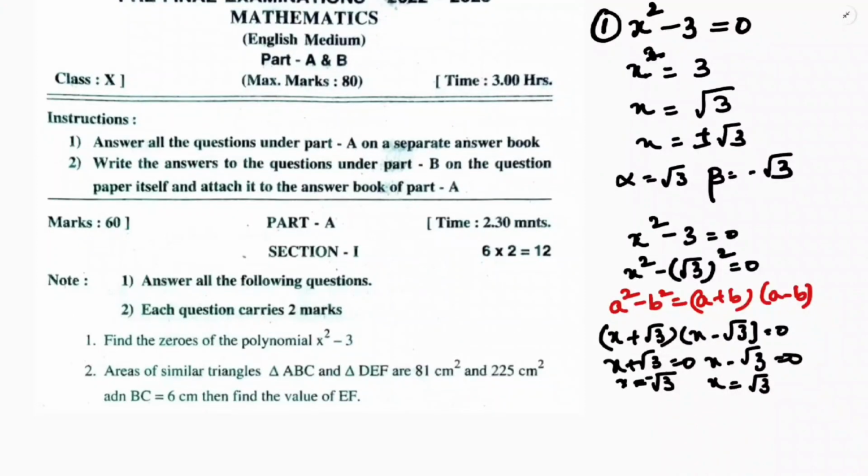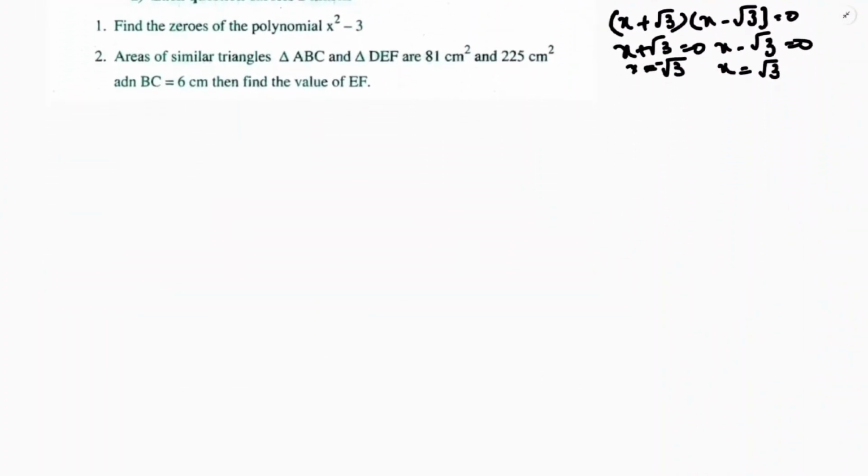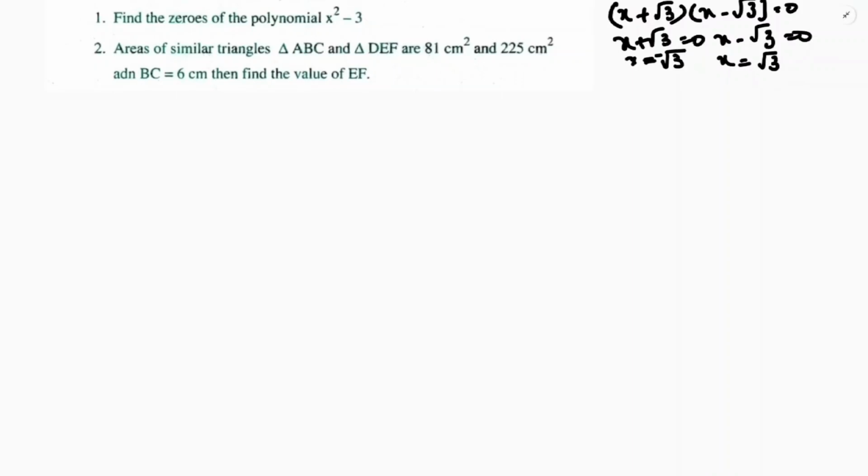Now the second question. Areas of similar triangles ABC and DEF are 81 centimeter square and 225 centimeter square. BC is 6 centimeters. Find the value of EF. Here BC and EF are the corresponding sides.